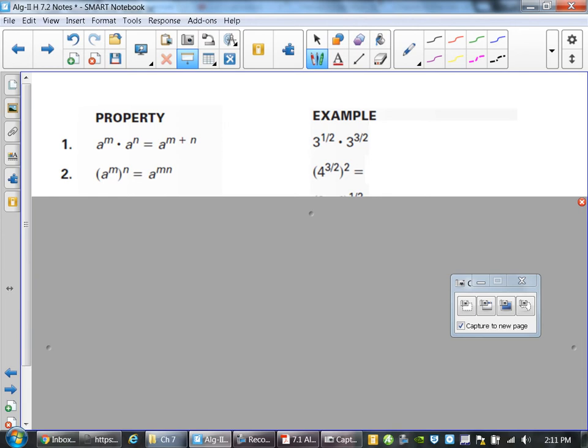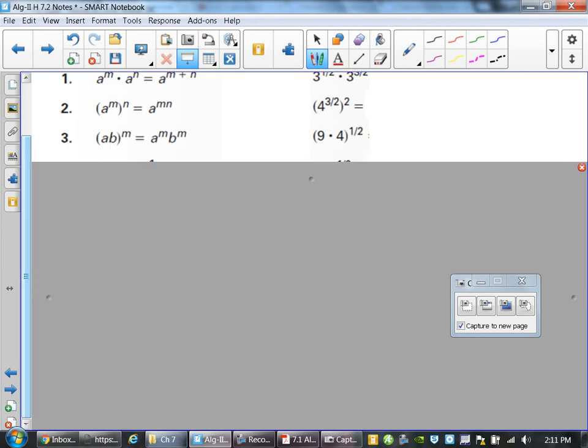It's just a little bit easier to see what's going on. When you multiply fractions, you have to remember you're multiplying straight across. You get 4 cubed, which is 64. Is it 64? Yes. 4 times 4 times 4.